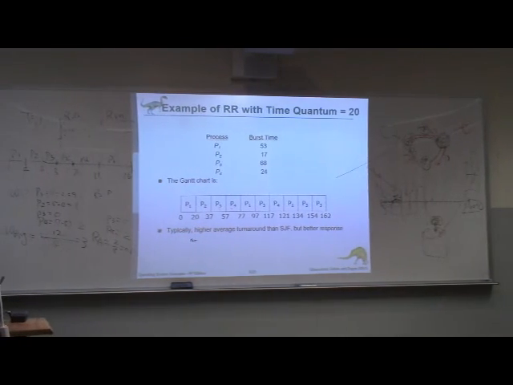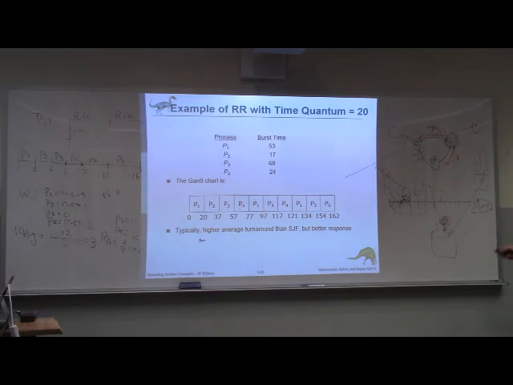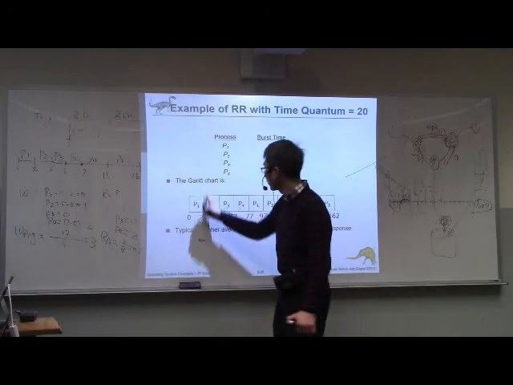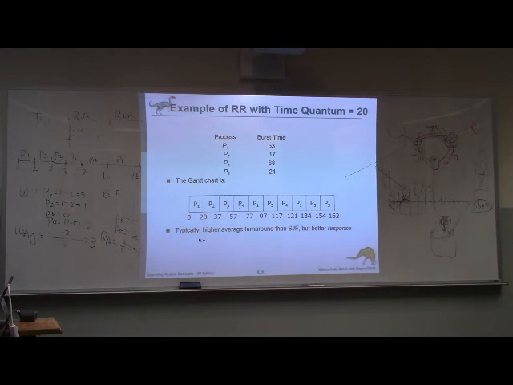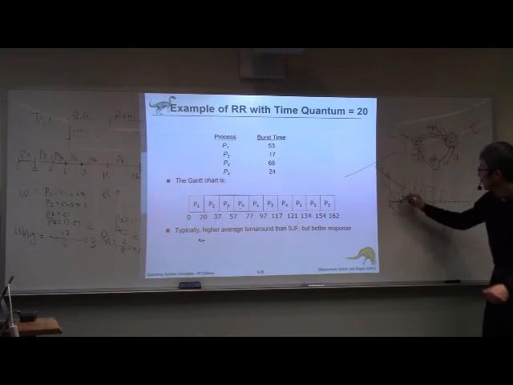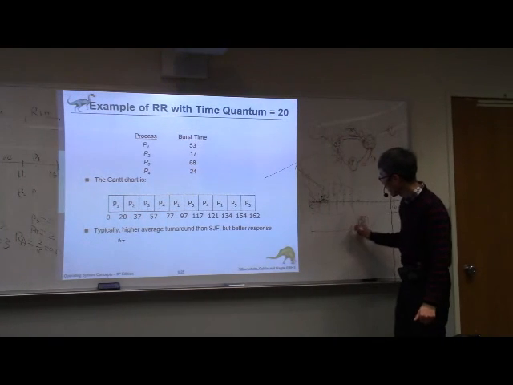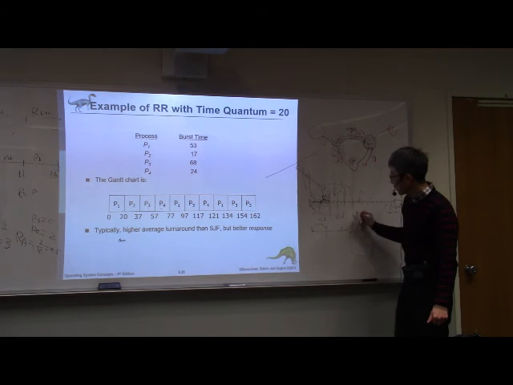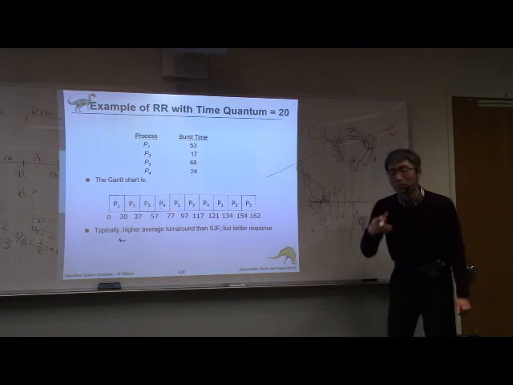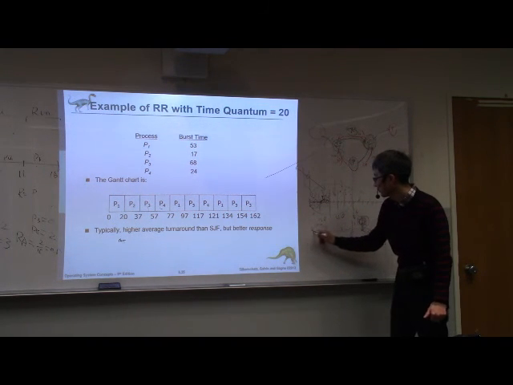So at this time, the time quantum is 20. So we are going to divide the time slot by 20. What if in the middle, so for example, this is a time quantum 20. This is 20, 40, 60. But a process has the CPU burst time 10.